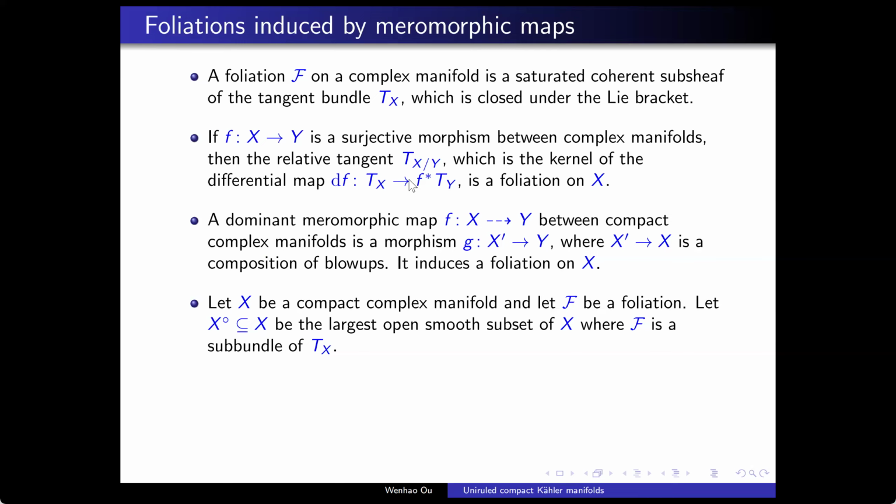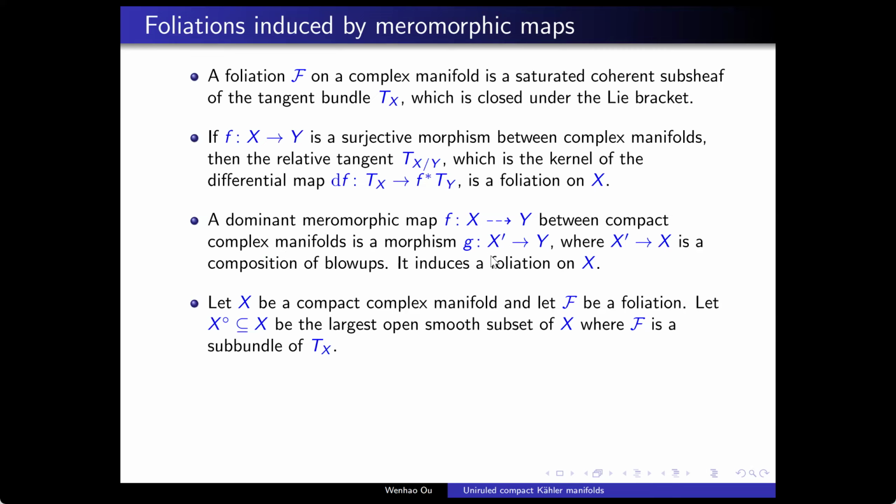This can be generalized to the following situation. Indeed, sometimes surjective maps are not that many, for example if X has Picard number 1, but there are many more rational maps. So we consider a dominant meromorphic map, or dominant rational map, from X to Y between compact complex manifolds.